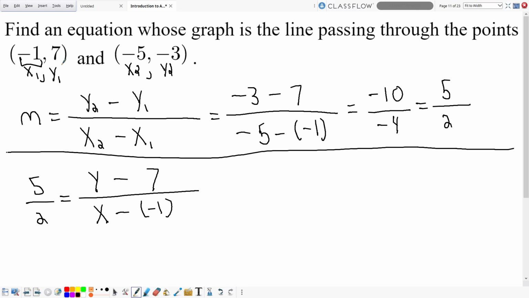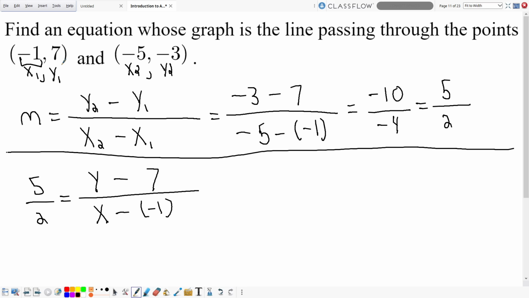Now I just got to set it up in such a way that my equation keeps the variable x and the variable y generalized. I don't plug specific values in, because if I plug a specific value in, it would cease to be an equation. All right, so now what do we do from here?